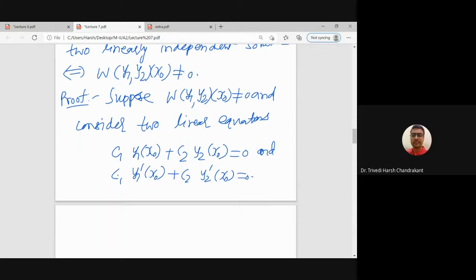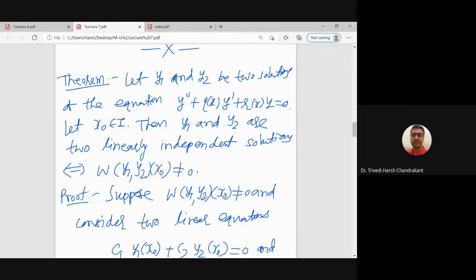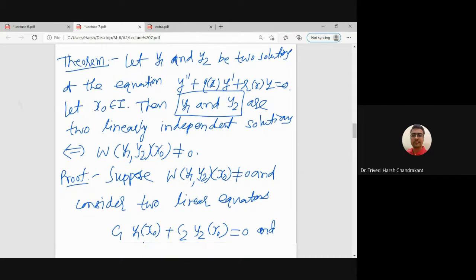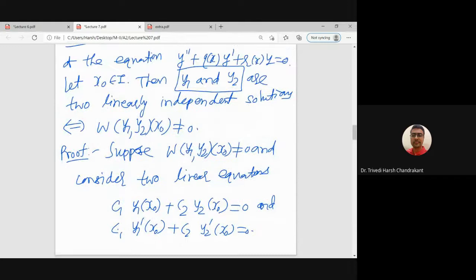So the question is to identify what we want to check. We want to check whether these functions are linearly independent or not. To check that, we need to take a linear combination of these functions. I have not mentioned that step earlier.